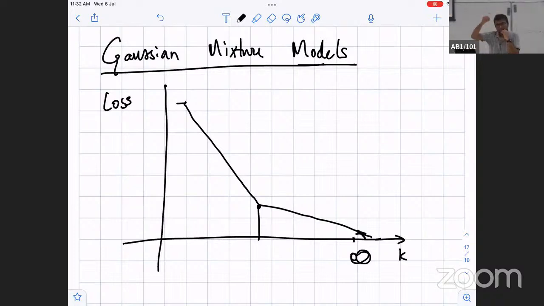As K increases, the average loss decreases. What I am saying is the point where the losses diminish, in the sense there is not much benefit from going from K to K plus 1. Going from K minus 1 to K, the decrease in loss is quite high, whereas from K to K plus 1 the decrease in loss is not so high.